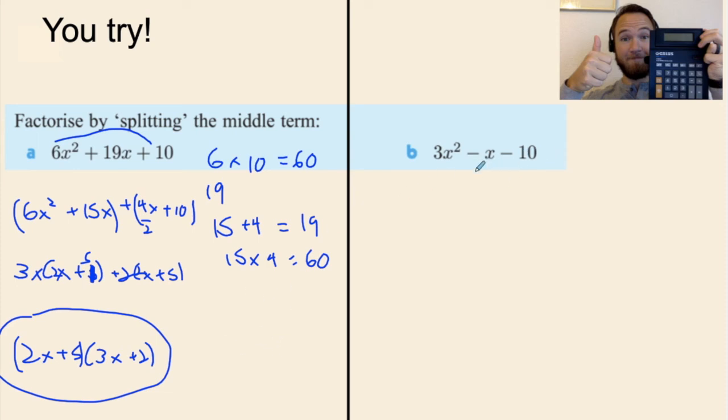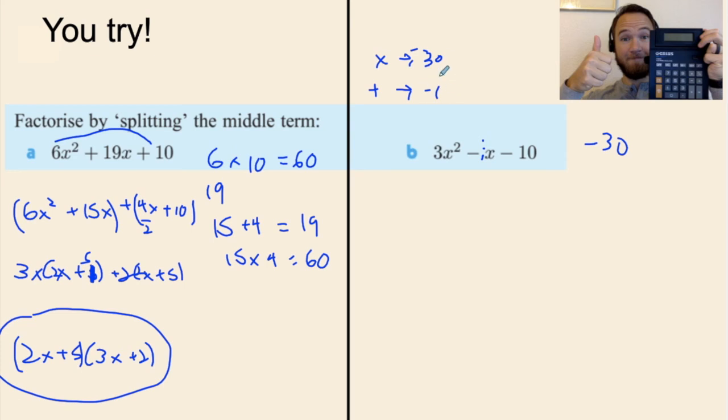Okay, B is a little bit tougher because we have some negatives. So we need something that multiplies to be negative 30 and adds to be negative 1. We could do, well, let's see what goes into 30. Not very much. 30 and 1, 10 and 3, 5 and 6.